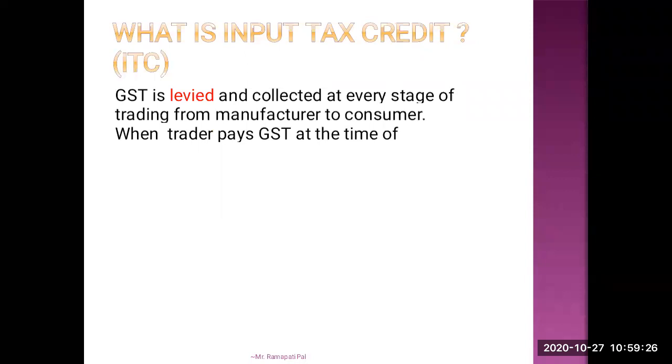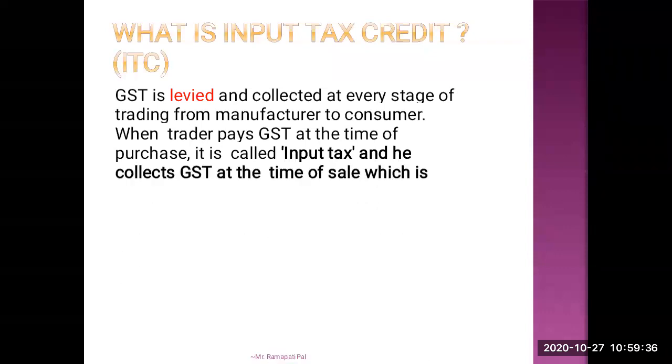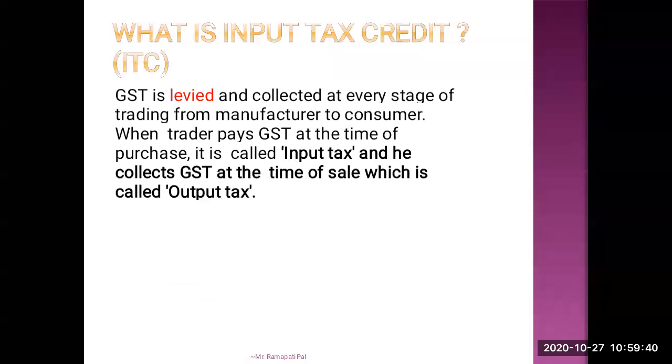Okay. When traders pay GST at the time of purchase, it is called an input tax, and the GST collected at the time of sale is called an output tax. So here we are going to see input tax and output tax.